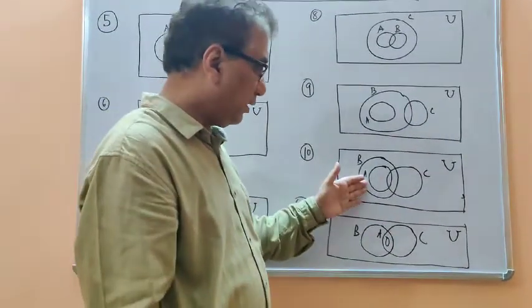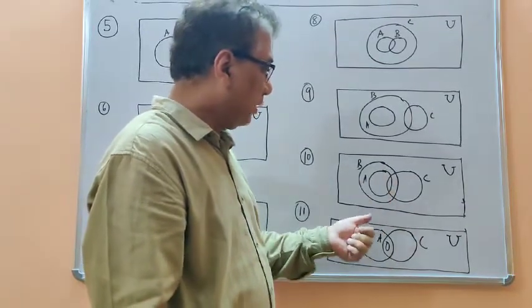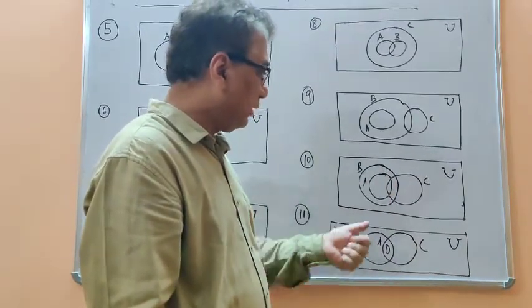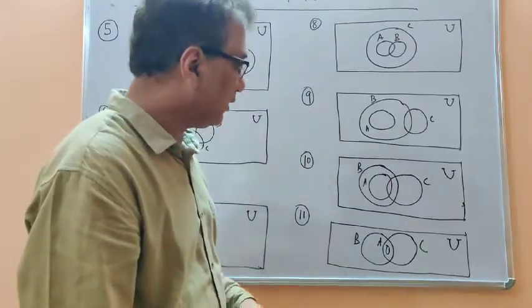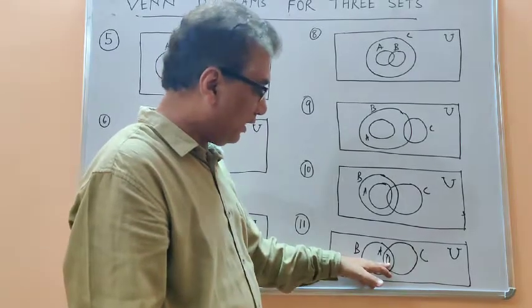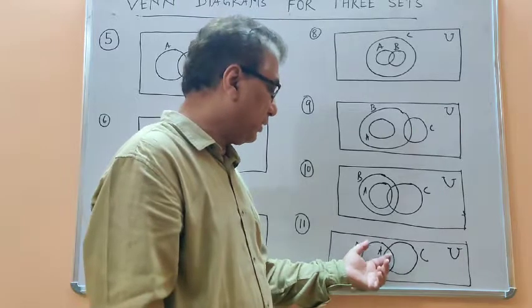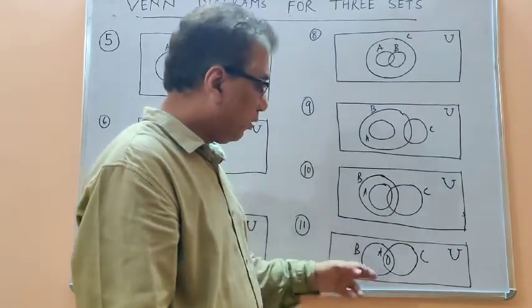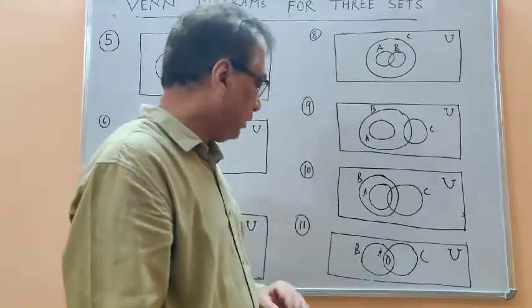Then similarly here, something is common between C and A, A is a subset of B, then something is common between B and C also, so this is the next representation. And suppose this is the set A, which is present in the common elements of B and C, meaning all the elements of A belong to B and C both, then this is the other one.